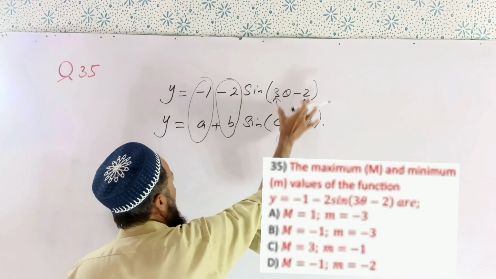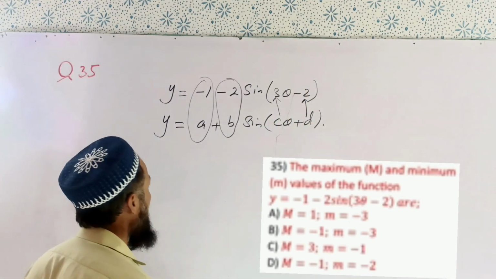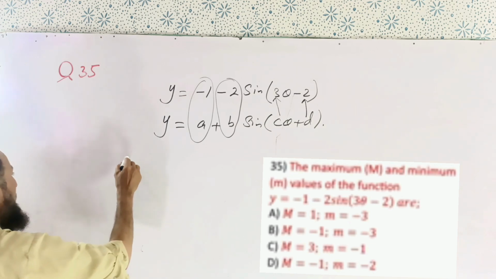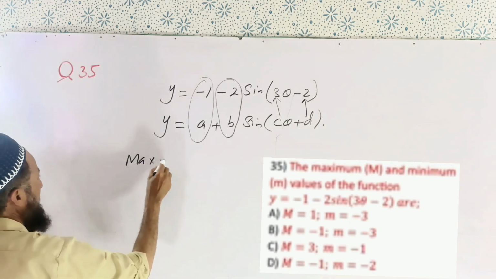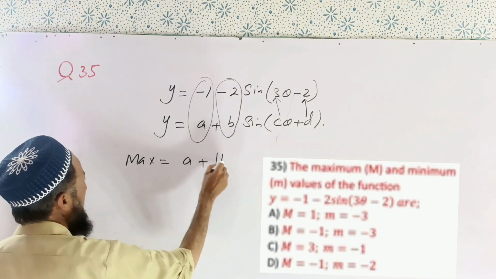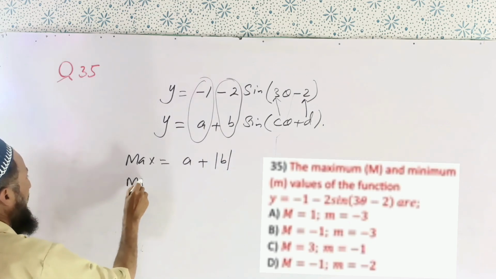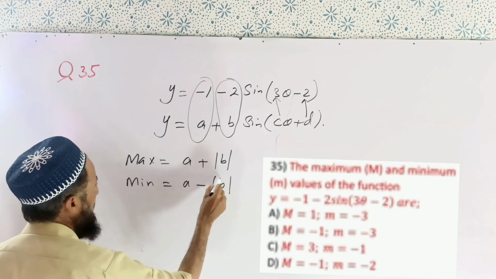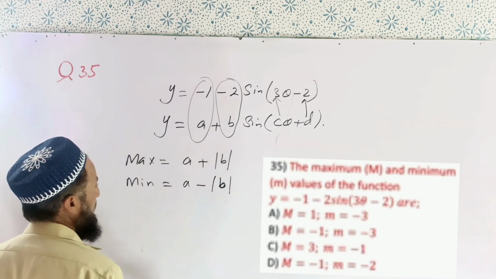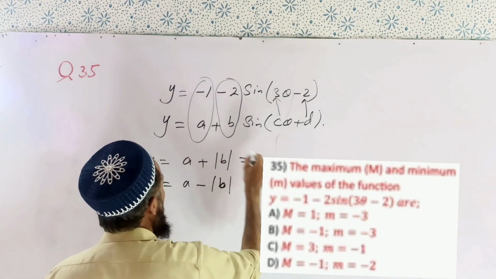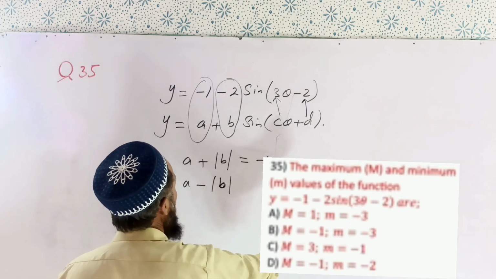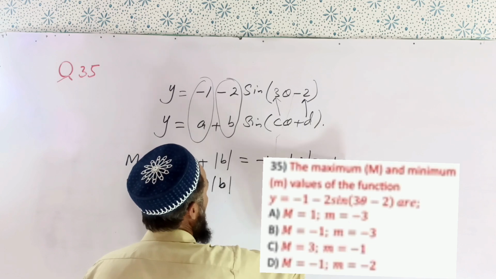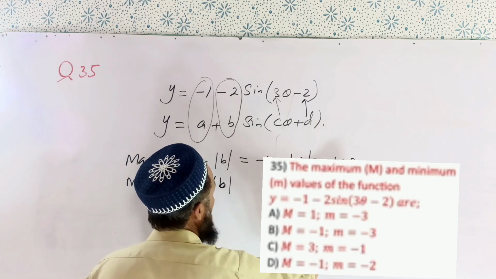There will be no effect of this term, but we require these two values for the maximum value. For the maximum value, we know that a plus the magnitude of b, and for the minimum value, a minus the absolute value of b. So according to this formula here, a is equal to -1 plus the magnitude of b, which is 2. So we get -1 plus 2 is equal to +1.